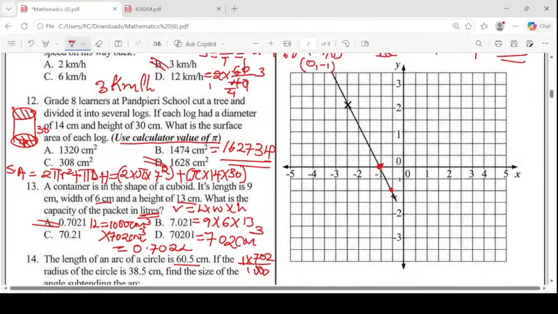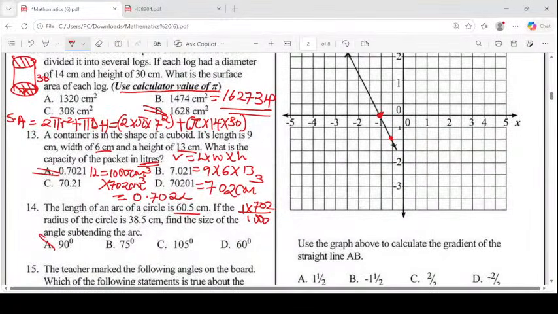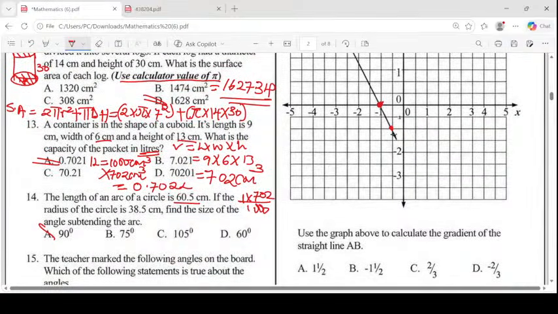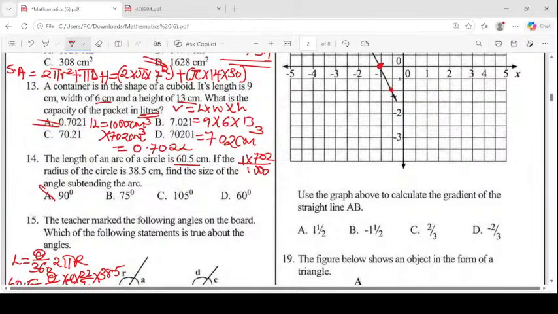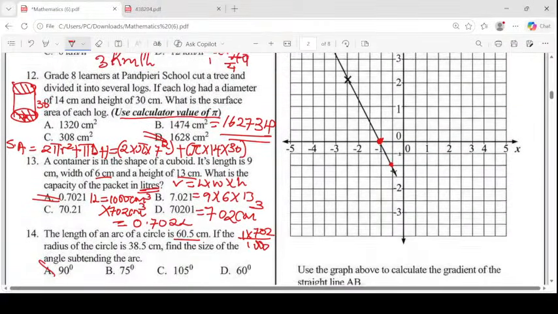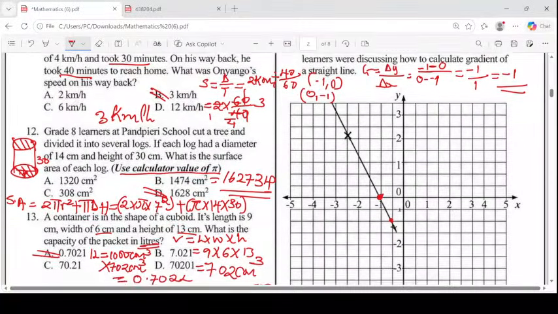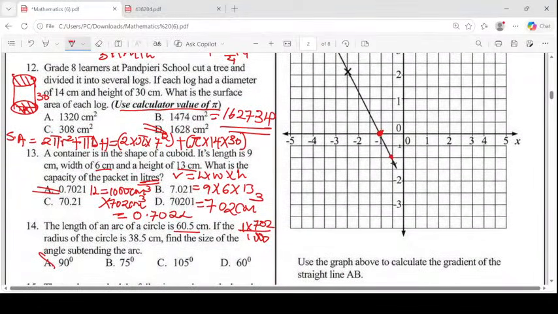Let me see. Have I picked those points well? So any positive answer is wrong already, because this gradient must be a negative gradient. But now I can see that this line is not passing exactly on the points.